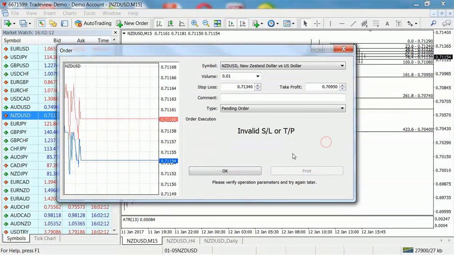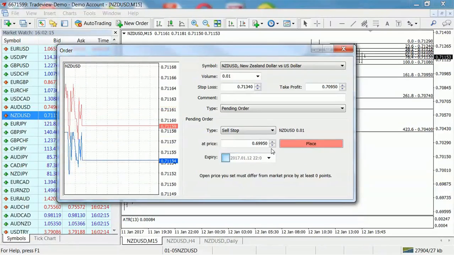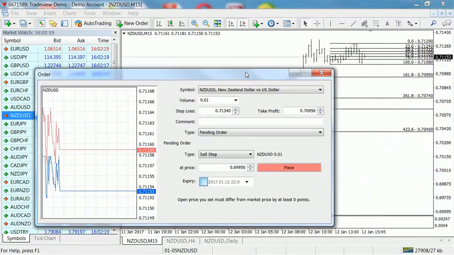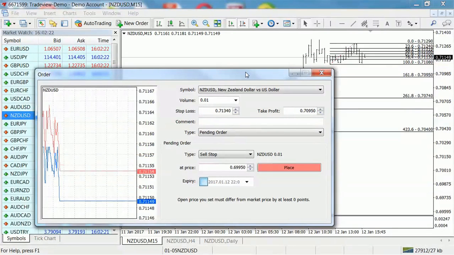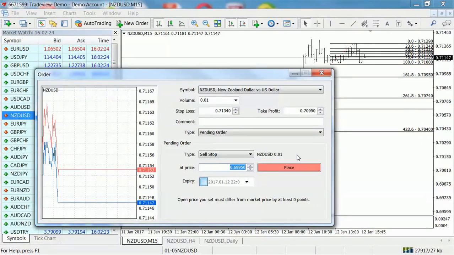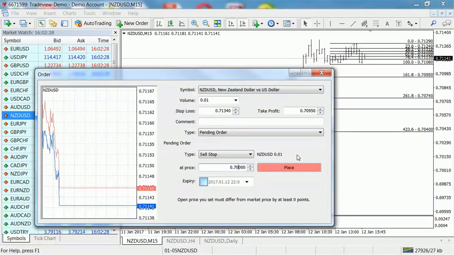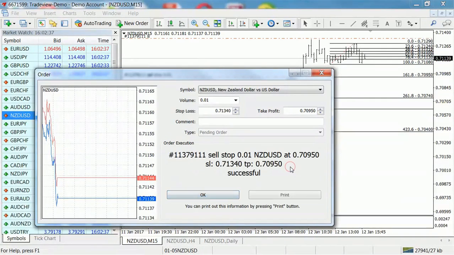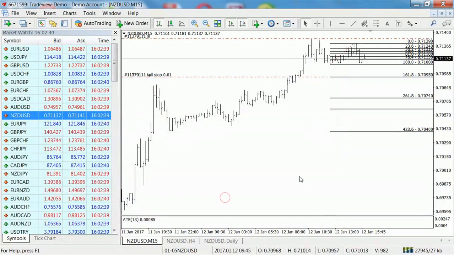Oops, what happened? Oh, no wonder, it should be 0.7095. There we go. Okay, that's the sell stop. Let's do 71.